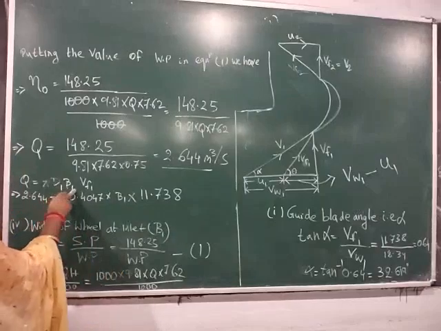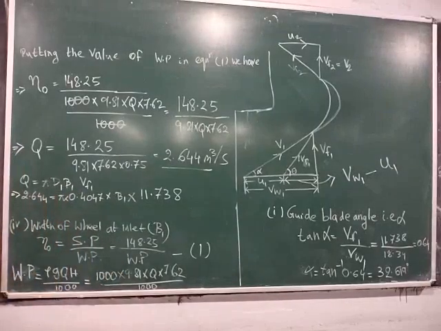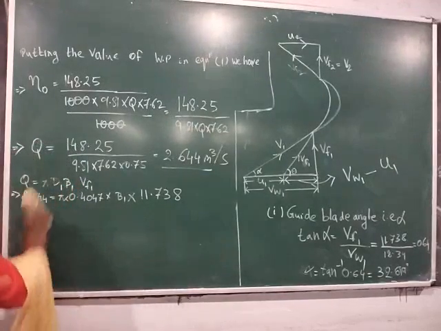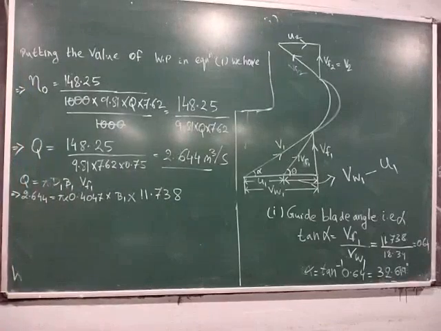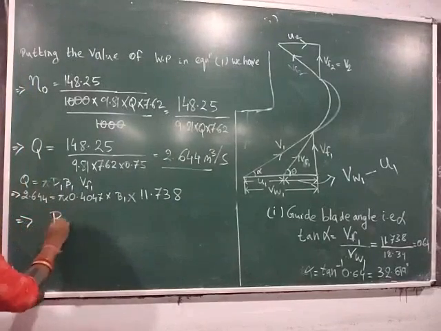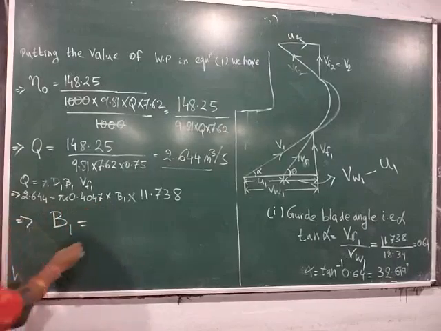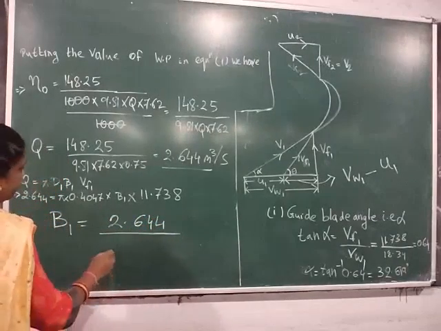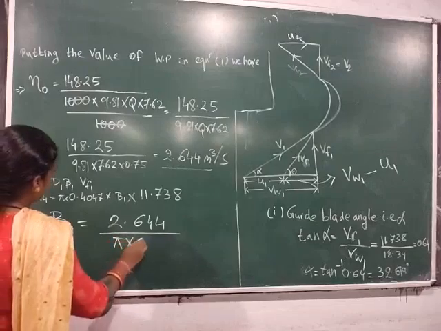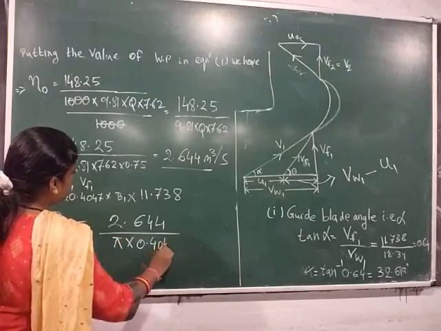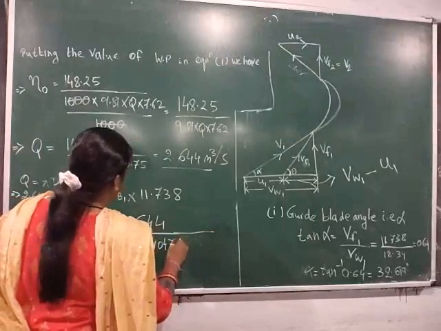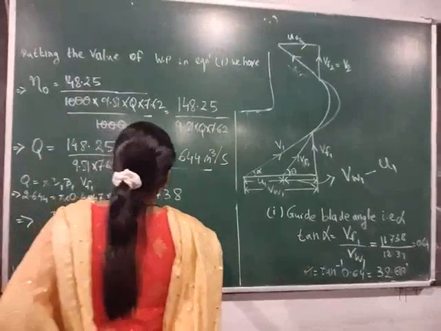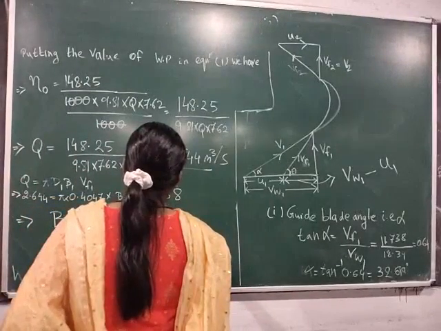So b1 is nothing but 2.644 divided by pi into 0.4047 into 11.738.